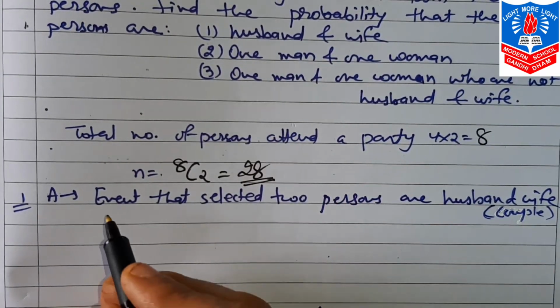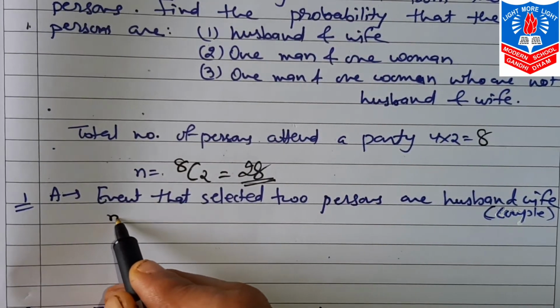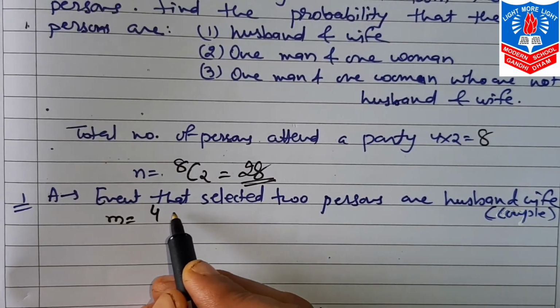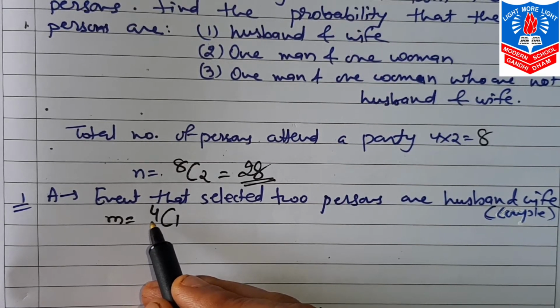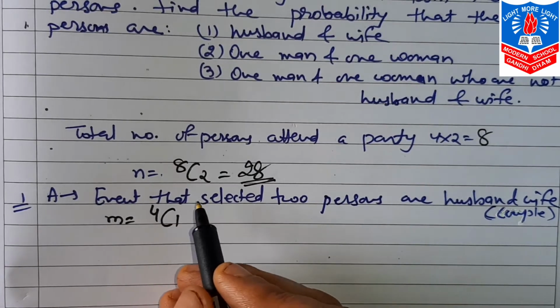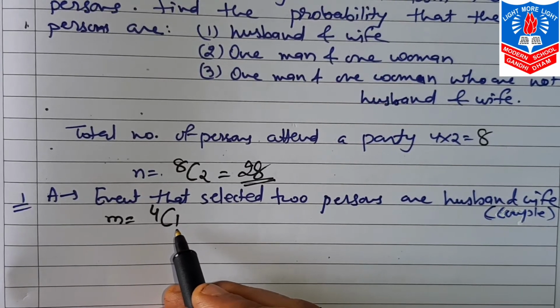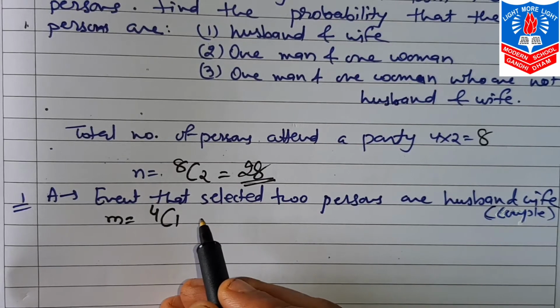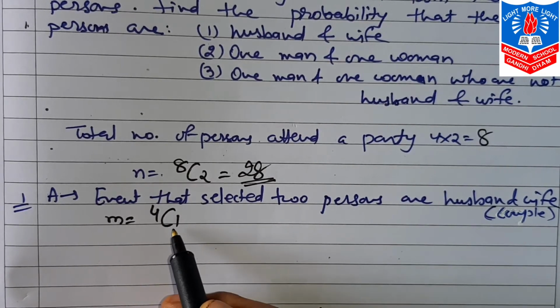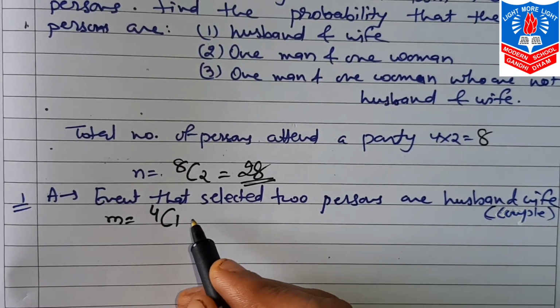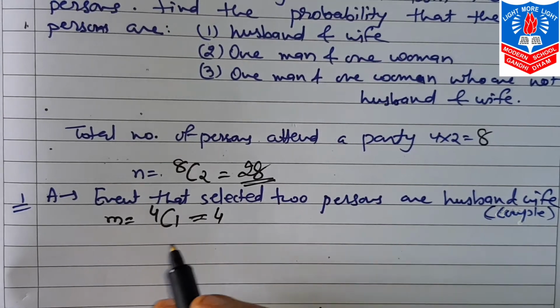So m will be: from these 4 we select 1 couple, and automatically 2 persons will be selected. Husband and wife means 2 persons will be automatically there. So m will be 4C1, which is 4.